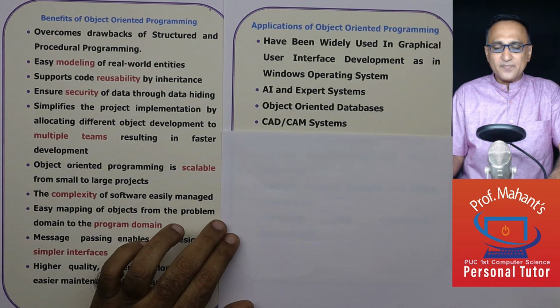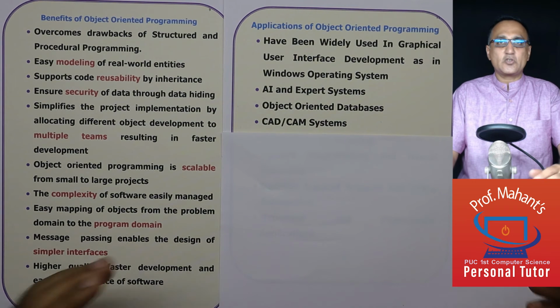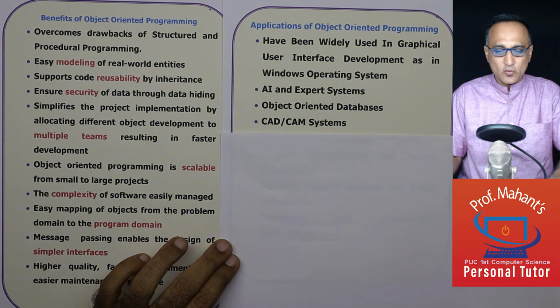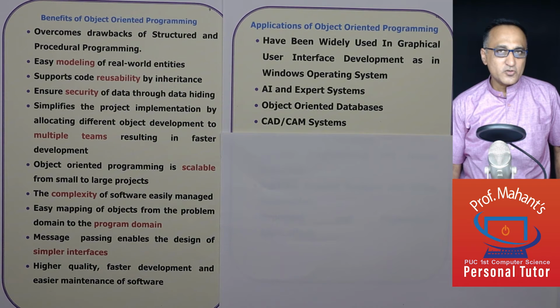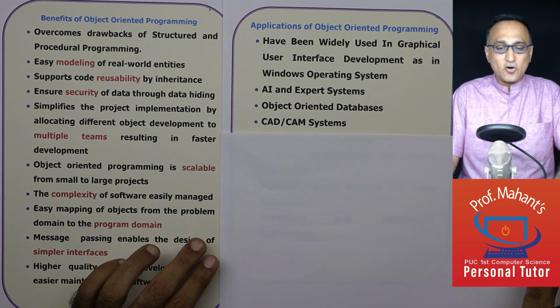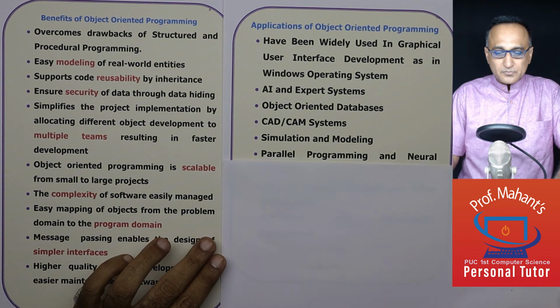It is used in artificial intelligence applications, expert systems, object oriented databases, computer aided design, computer aided manufacturing systems, and so on. Especially Java is very heavily used. C++ is very heavily used. Python is very heavily used, and these all rely on concepts of object oriented programming.